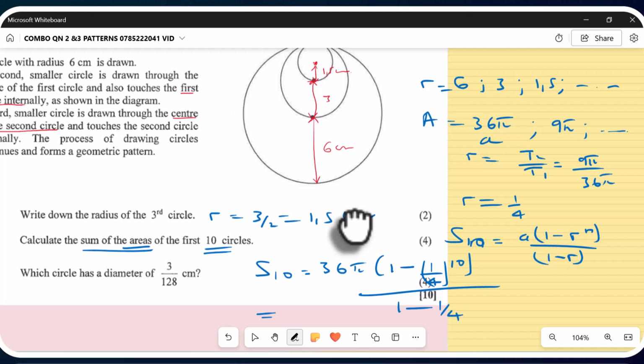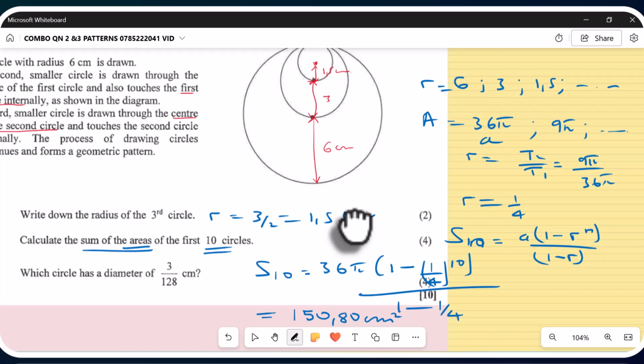3 over 128? Which circle has this diameter? So the diameter is 3 over 128. Now if the diameter is 3 over 128, I need to find the radius.